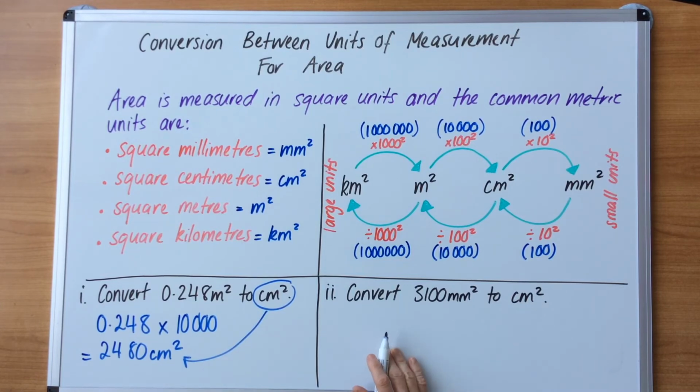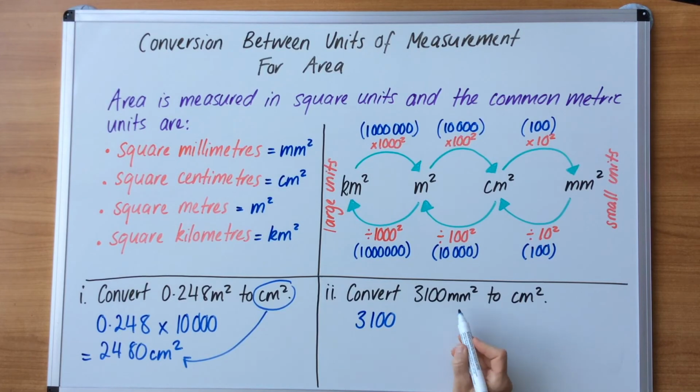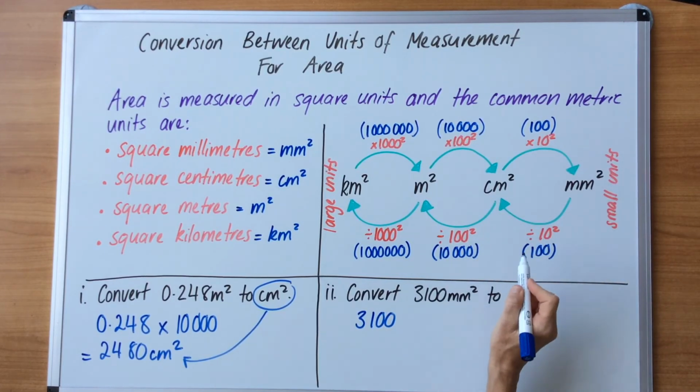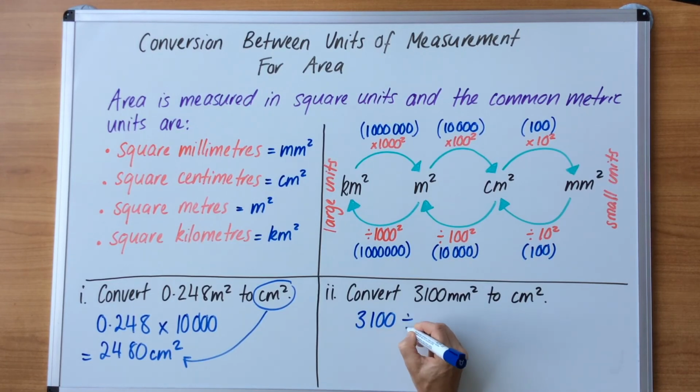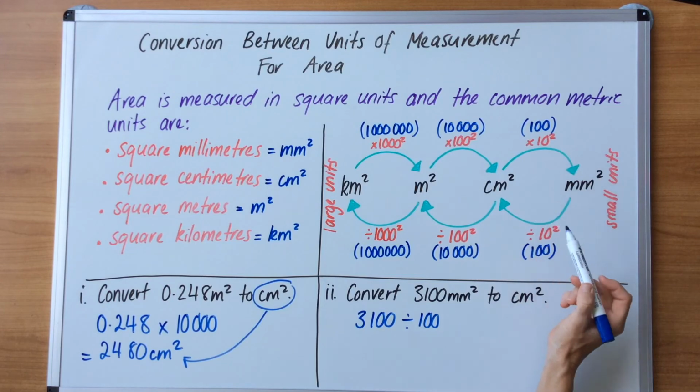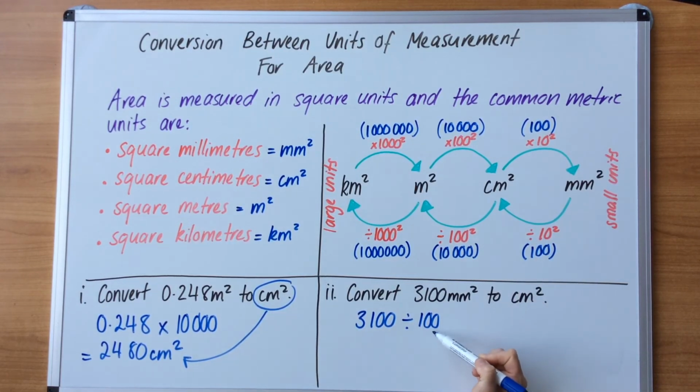The second question we have here, we've been asked to convert 3,100 millimetres squared to centimetres squared. So I take the 3,100 and now I'm going from millimetres to centimetres, which is the smaller to bigger, so I have to divide. And I've got to divide by 100 because I'm going from millimetres to centimetres, dividing 10 squared, which is 100, so I've put this number in here.